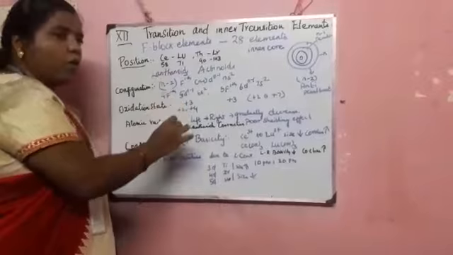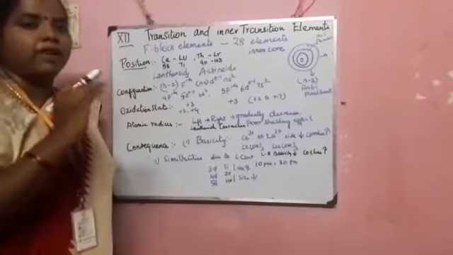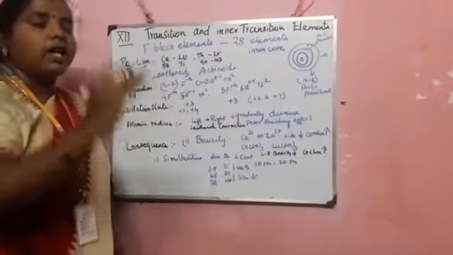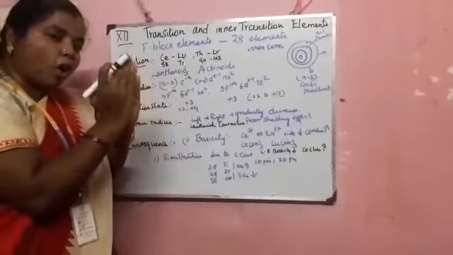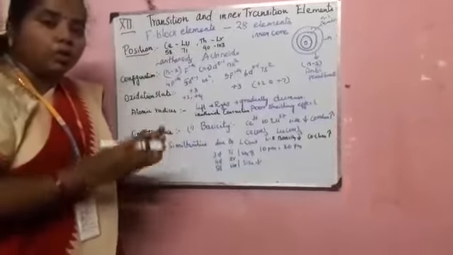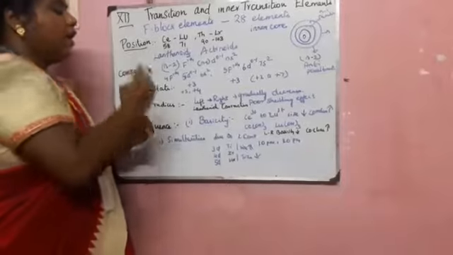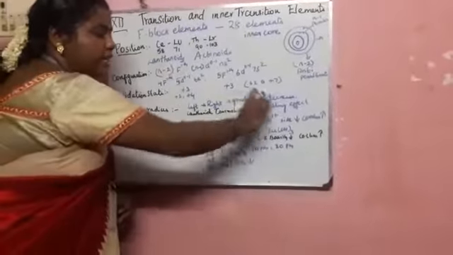So in the F block elements, the shielding effect becomes very weak in nature. So that is why it is called a poor shielding effect. Due to the poor shielding effect, the lanthanides have been contracted. So it is called the lanthanide contraction. Due to this lanthanide contraction, the atomic size gradually decreases. Okay.